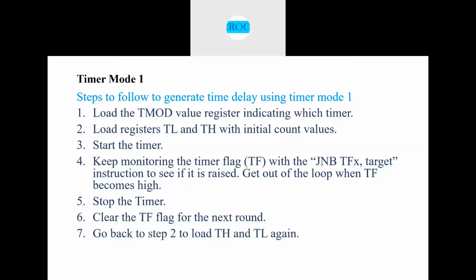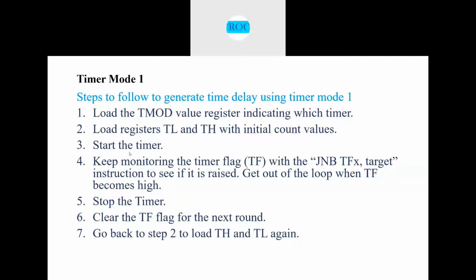Next, once you do that, the fourth step is to keep monitoring the timer flag TF with the JNB TF, target instruction to see if it is raised. Get out of the loop when the TF becomes high. Now what it says is, keep on monitoring the timer flag. As you can see in the third step, we have started the timer.